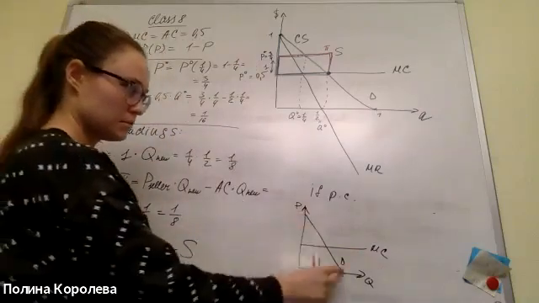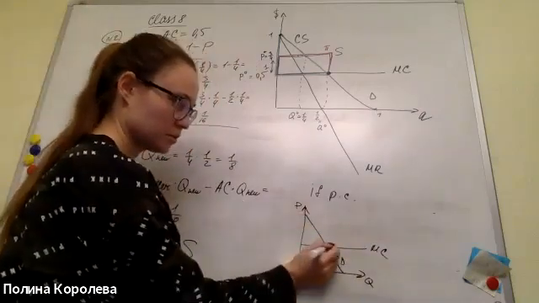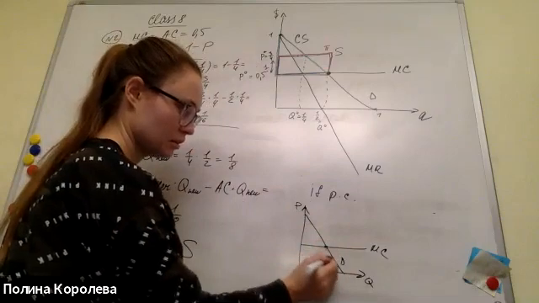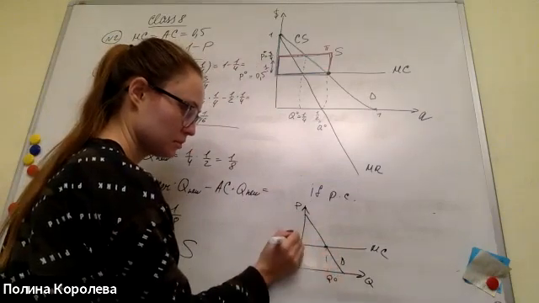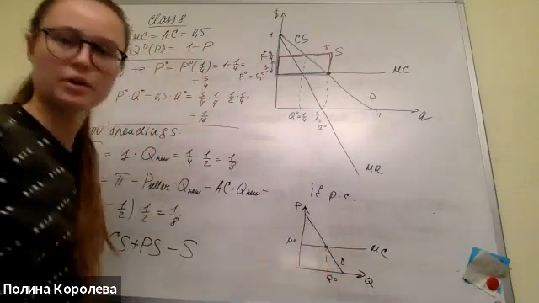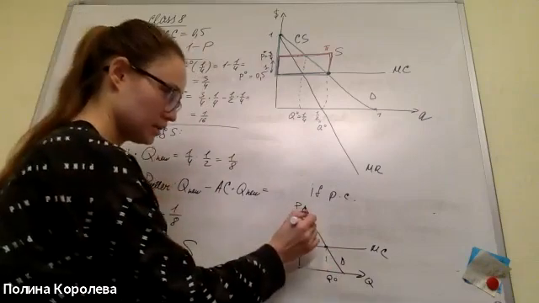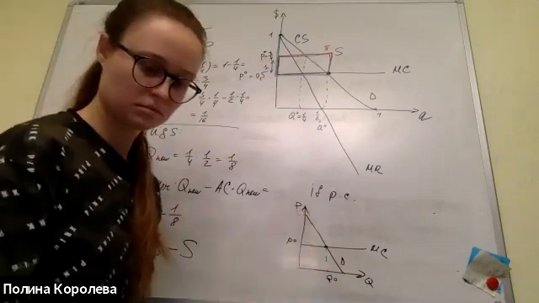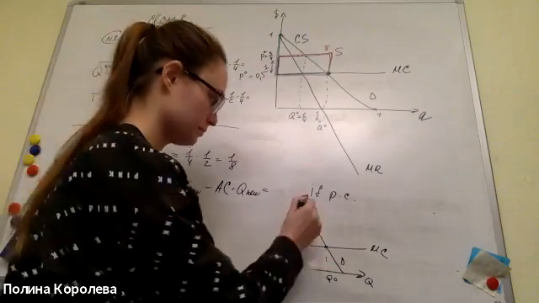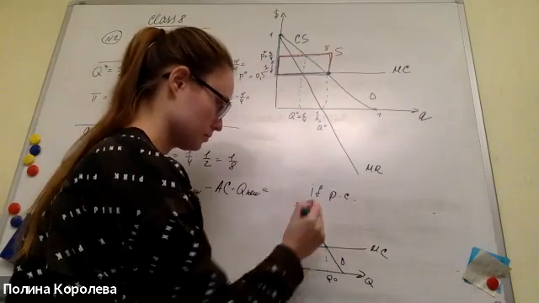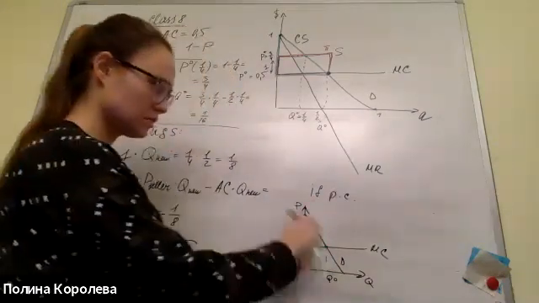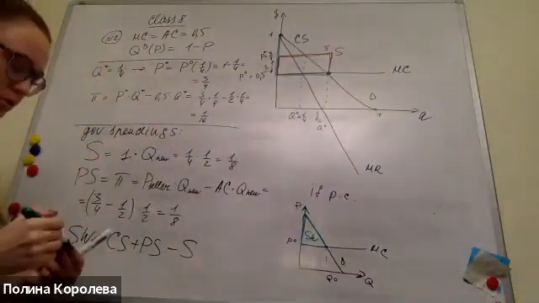So where demand crosses marginal cost, this is the equilibrium in perfect competition. We sell Q0 for price P0. Where is social welfare? This triangle. And it is equal here also to consumer surplus.